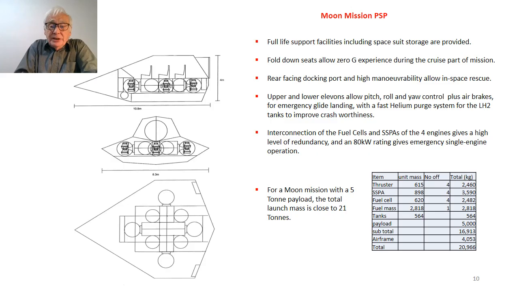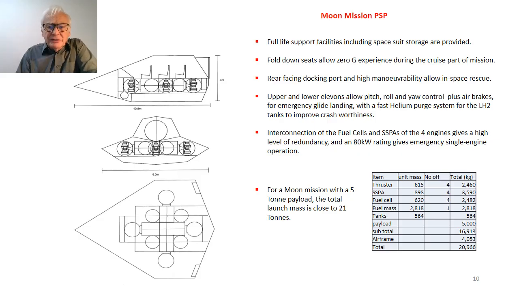In this particular case, you would use a fast helium purge system, basically to empty the liquid hydrogen tanks, and this will improve the overall crashworthiness of the vehicle itself.